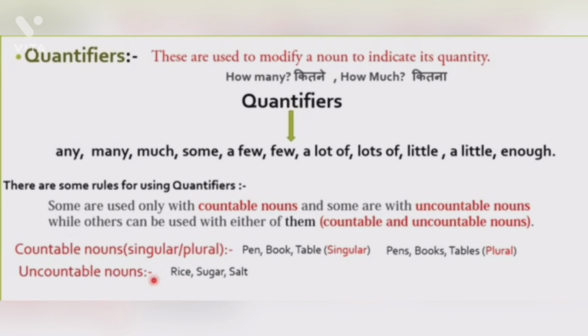In uncountable nouns, there are rice, salt, sugar, because we can't count them. And if we talk about countable nouns in plural, then they will be pens, books, tables. Okay, so these were the rules of quantifiers and the four types of determiners.